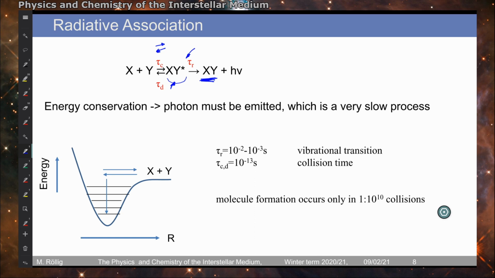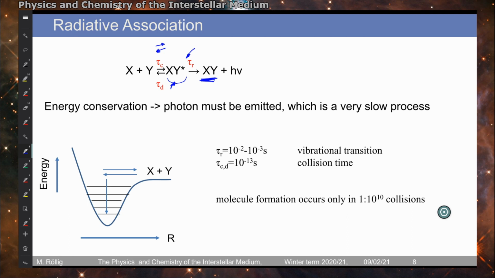So what we have is the X and Y here on this figure on the bottom left. We show the energy surface of the X plus Y approaching each other.